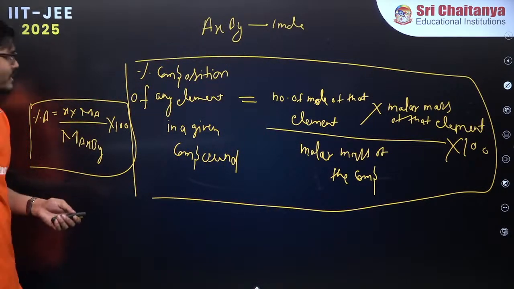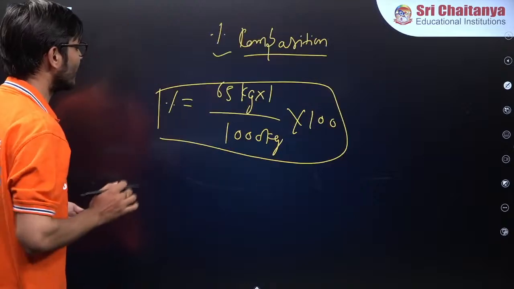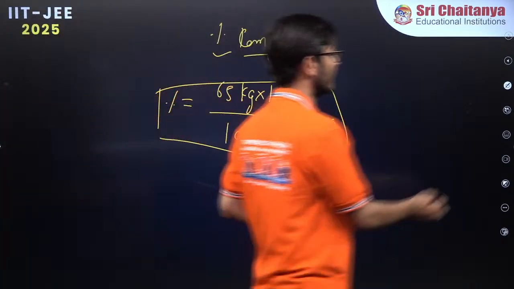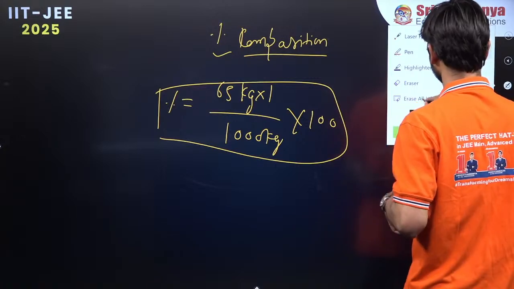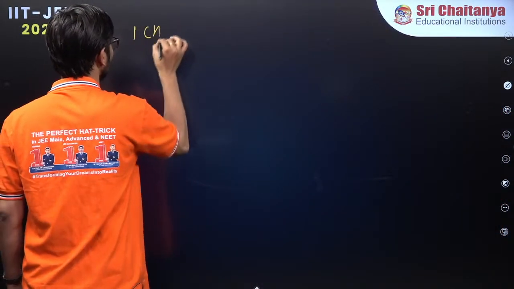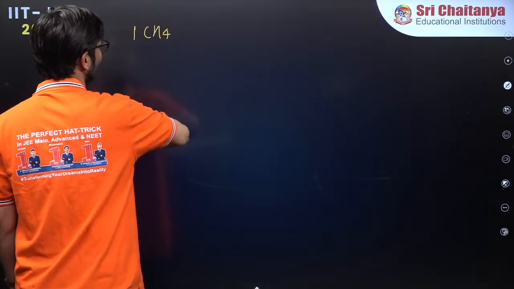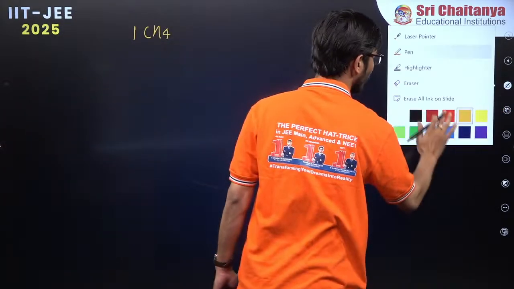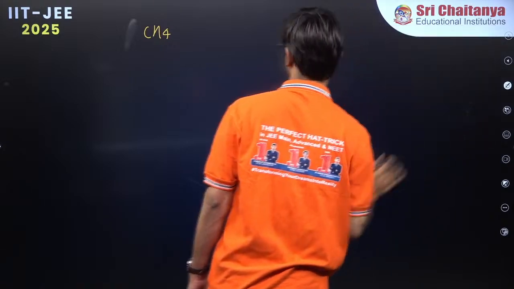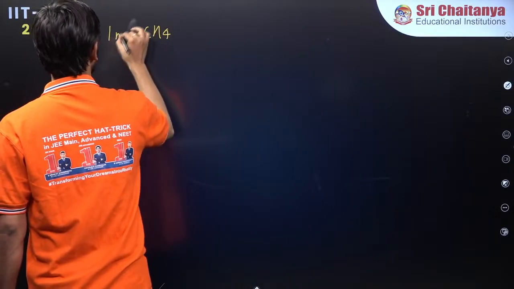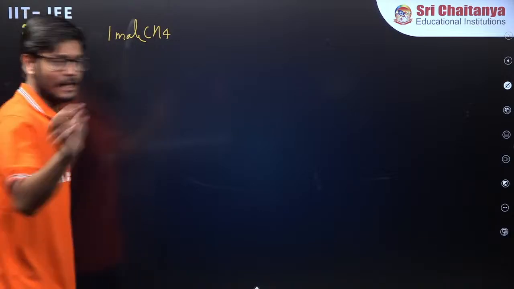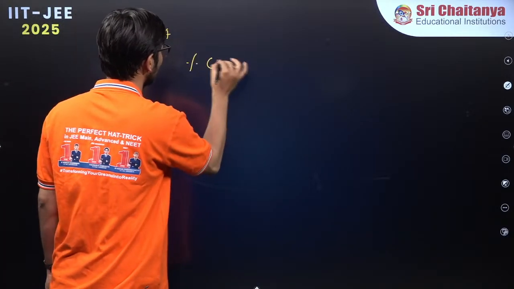If some of you have not understood, I'll take one more example. Let us say I'm having 1 mole of methane molecule. For 1 mole of methane, can you give me the percentage of carbon, please, all of you?